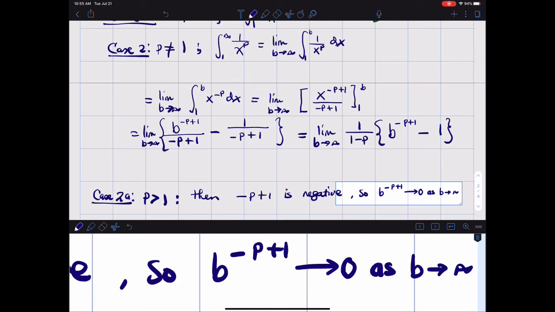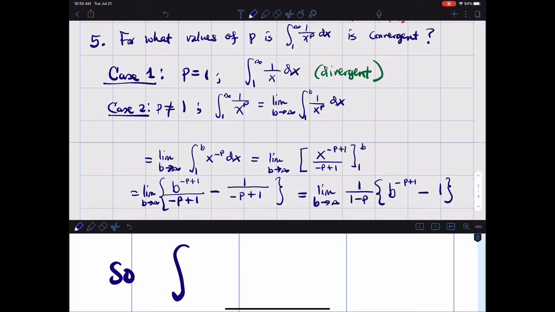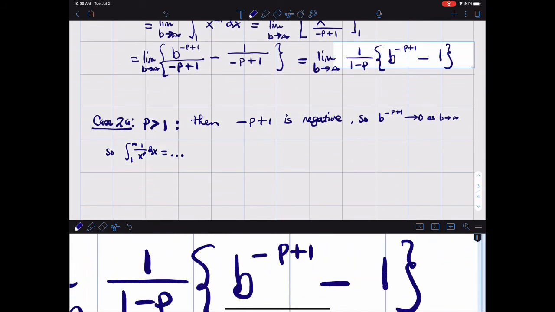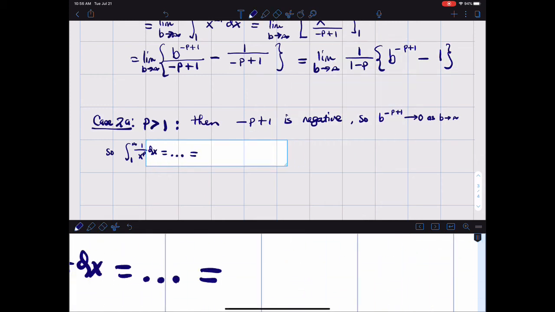All right. So for that reason, our integral of 1 over x to the p dx, since this is going to go to 0, we're just left with negative 1 over 1 minus p, right?